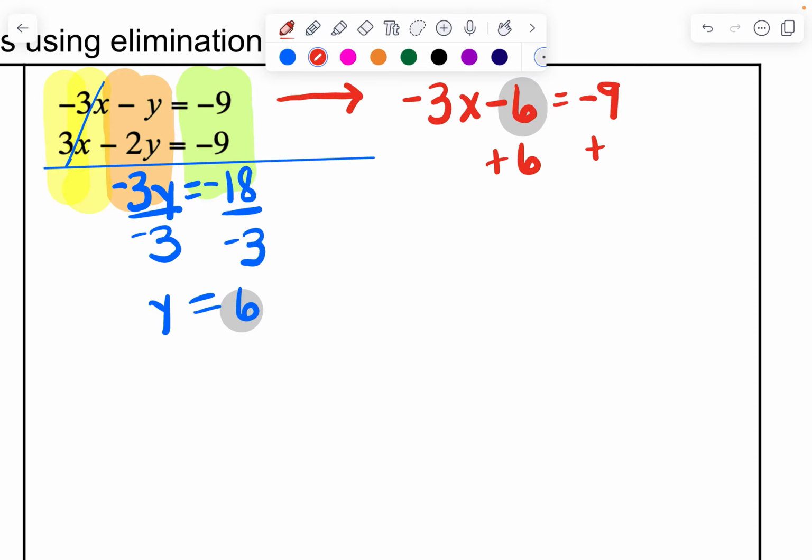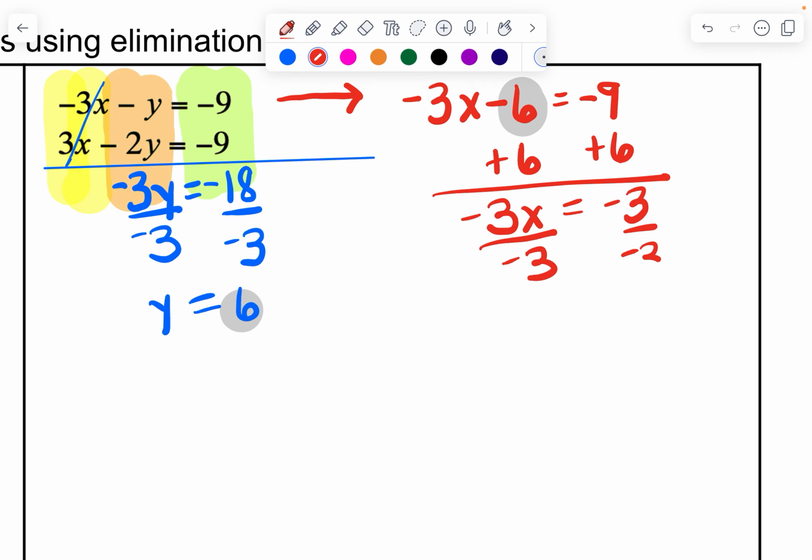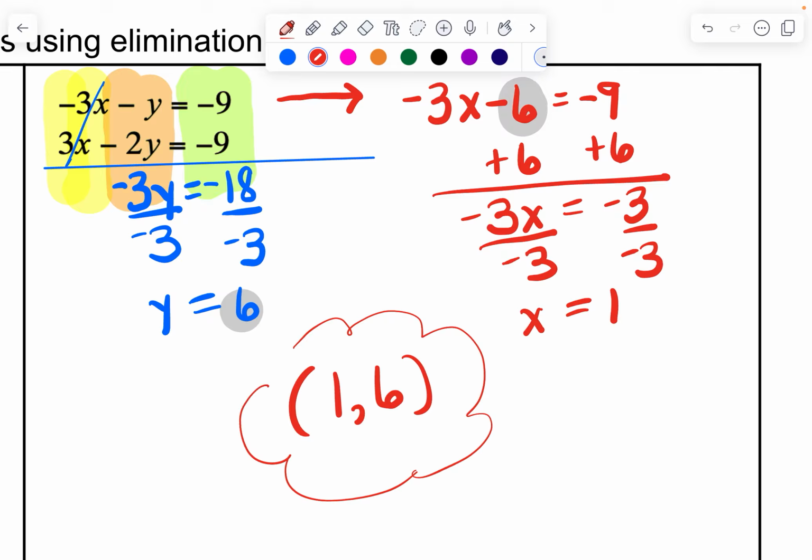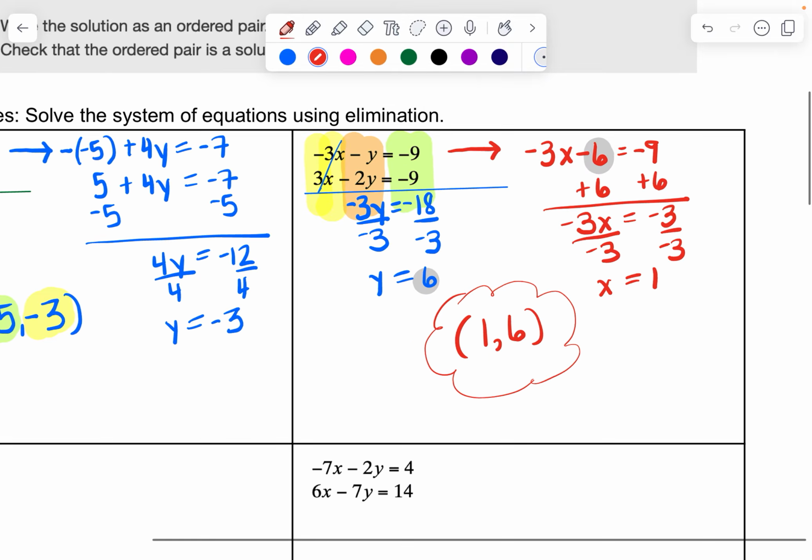Adding 6 to both sides, I'll get negative 3x equals negative 3. And then dividing by negative 3, I'll get x is positive 1. So our final answer is 1, 6. Make sure you write the final answer as a point. Don't just leave it as x equals, y equals.